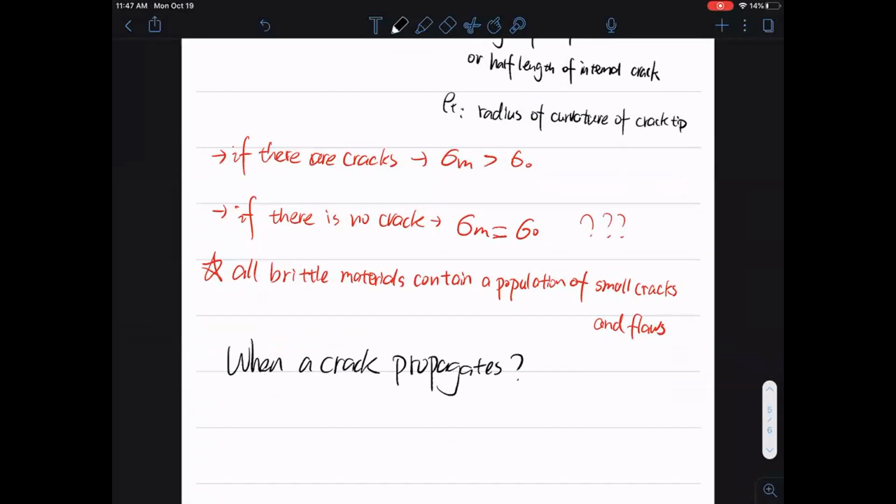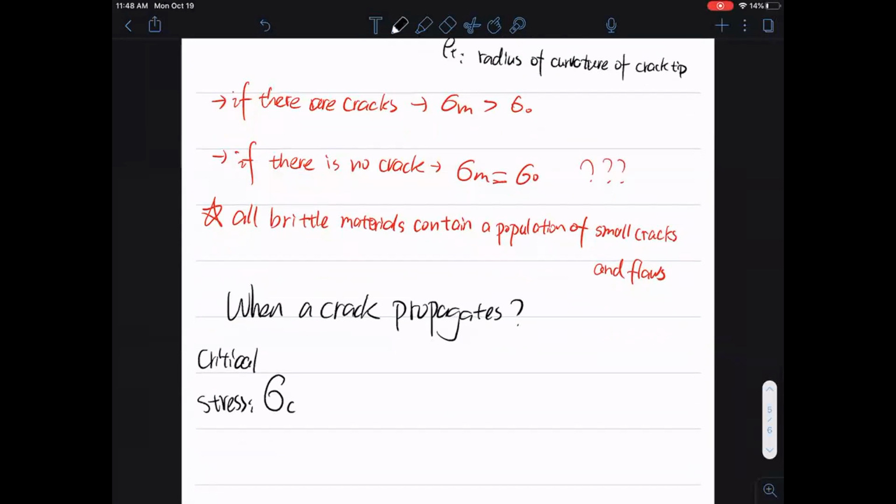It's called the critical stress. Critical stress equals the square root of 2 times E times gamma S divided by pi times A.